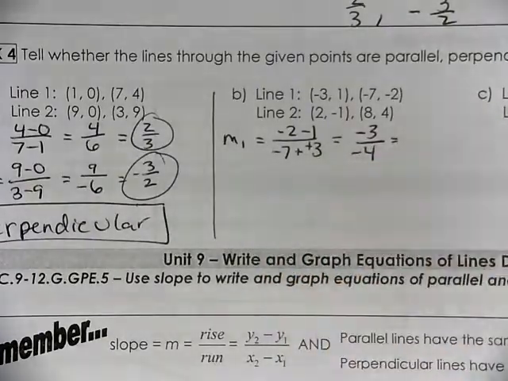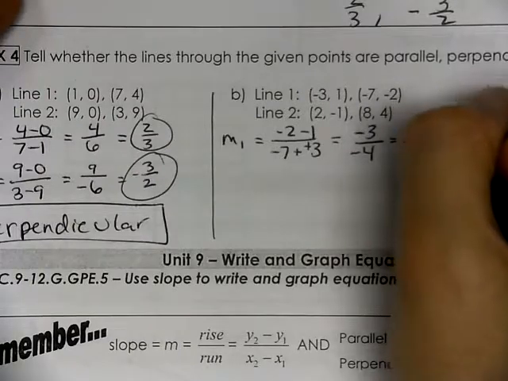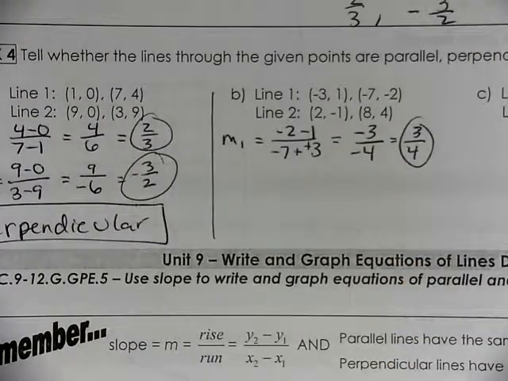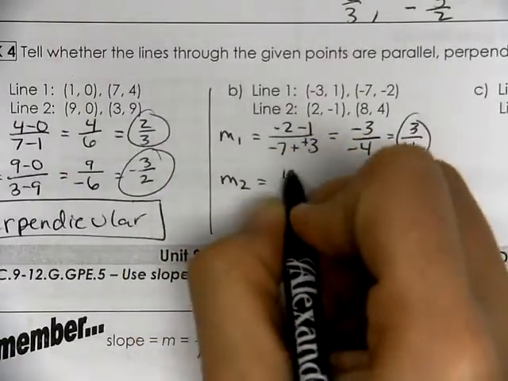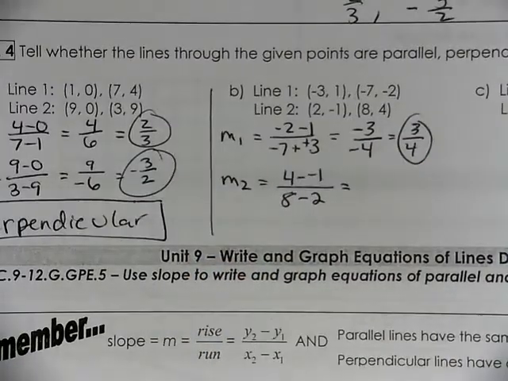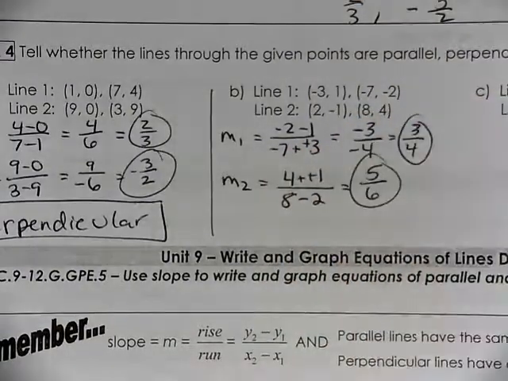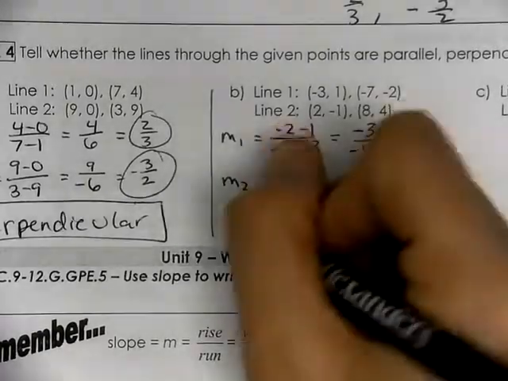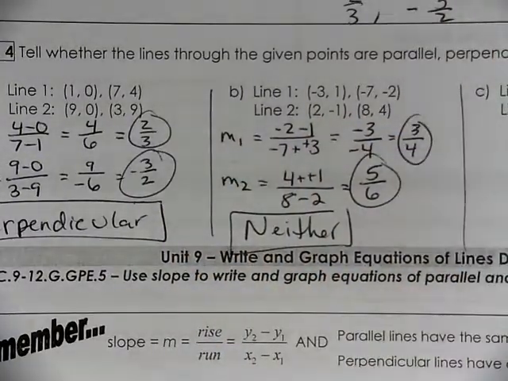So you get -4. When you have a negative over a negative, what is the fraction term? So 3/4. Slope for line 2, 4 minus a -1, 8 minus 2. That becomes a plus. 3/4 and 5/6 aren't the same. They're not opposite reciprocals. So this is where that neither comes into play.